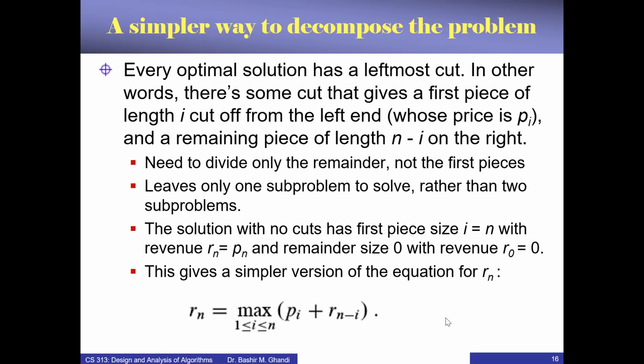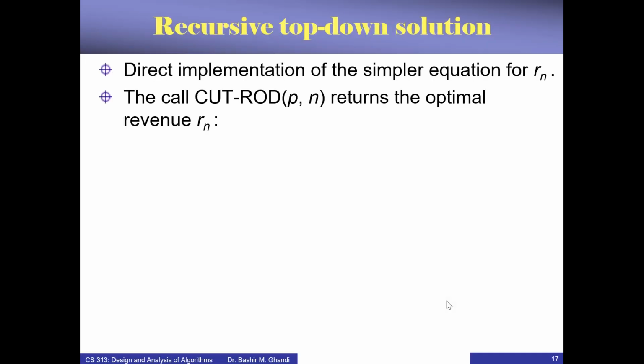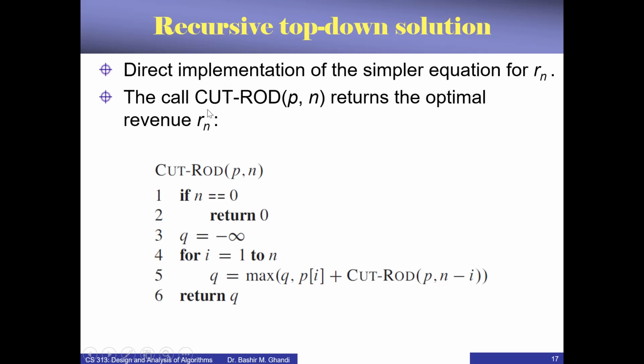Now the next step, having characterized our optimal solution, is to come up with a recursive algorithm to solve it. This is what we are going to see next. We have here a recursive routine called cut rod that will take two inputs, the table of the prices for the different lengths, and n.